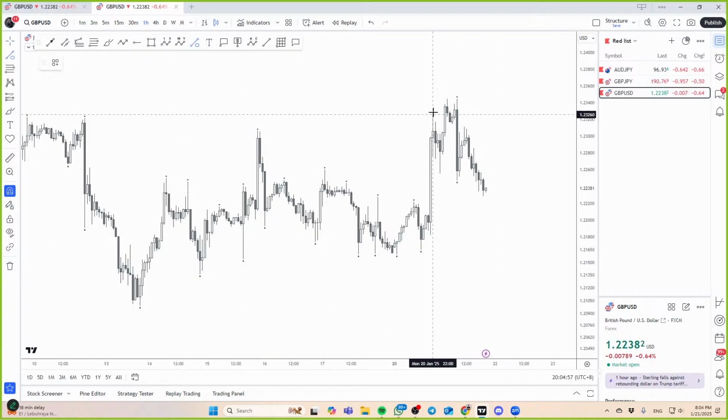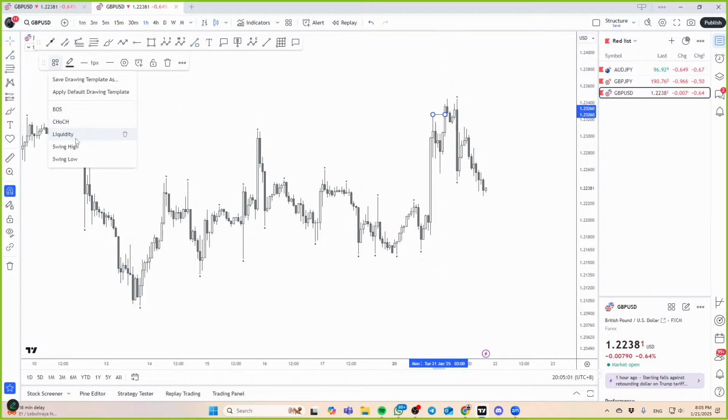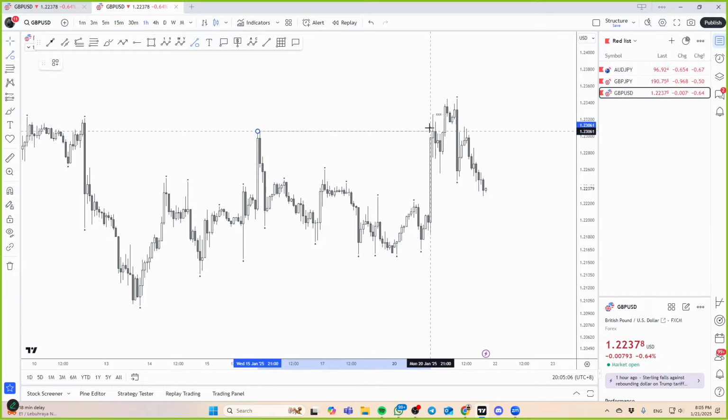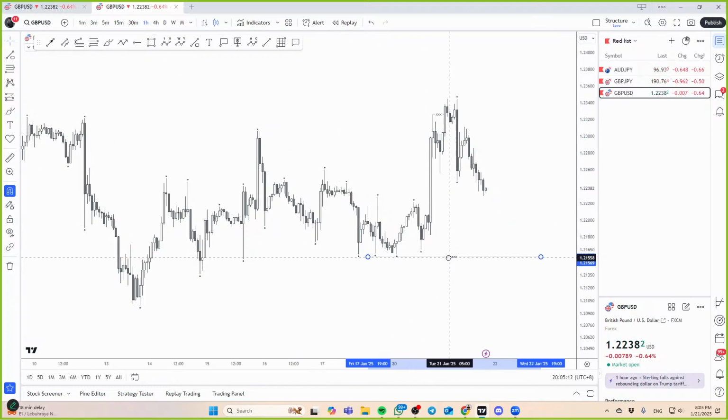Internally here, we can see this as a potential liquidity. If you stretch it out over here, that can also be a potential liquidity, but for this to confirm a liquidity, price needs to take out that low. So we'll stick to this part as the liquidity over here.